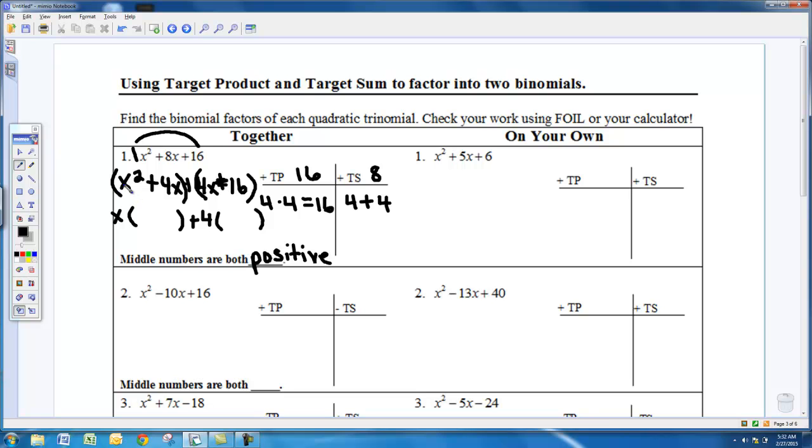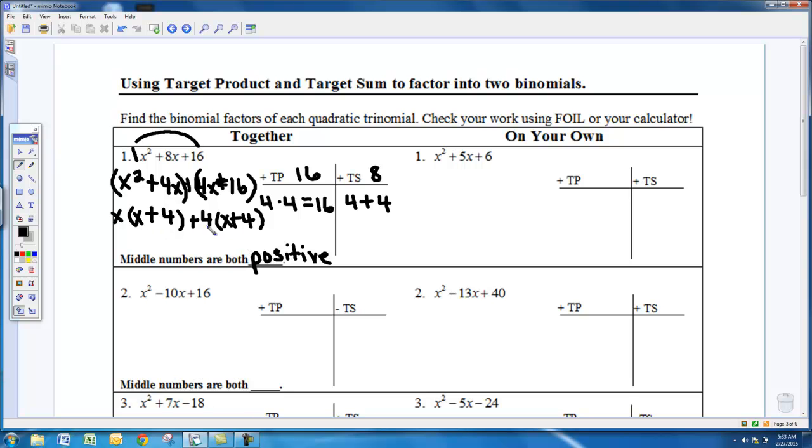Okay, so x squared divided by x is going to be x. 4x divided by x is going to be 4. 4x divided by 4 is x, and 16 divided by 4 is 4.